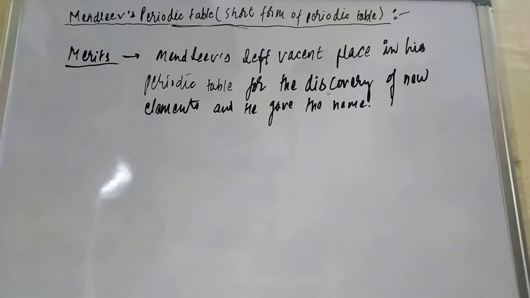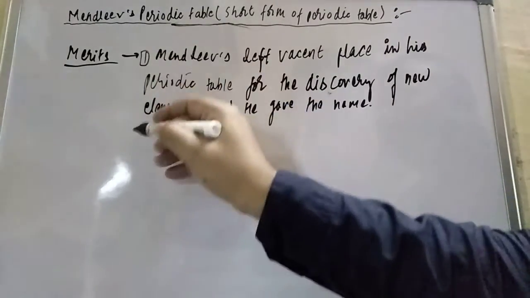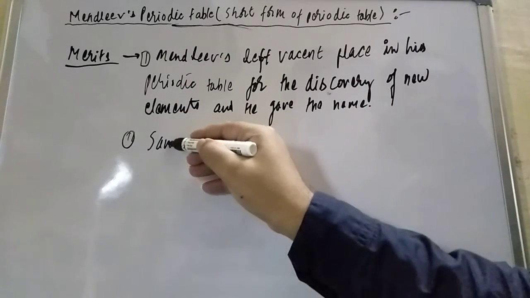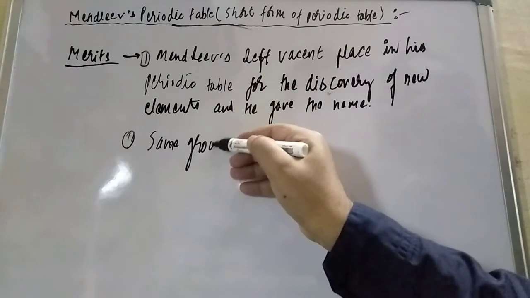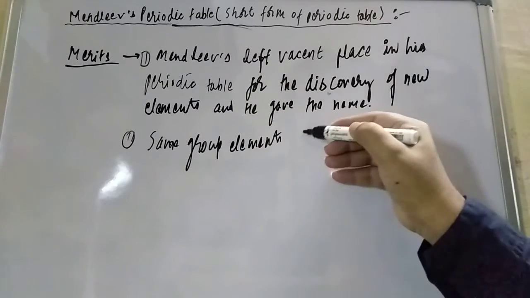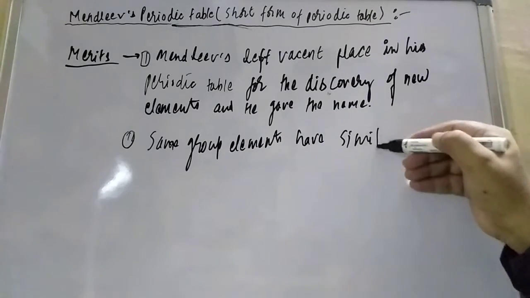Now what is the other merit of this periodic table, student? That is the study of the elements. The other merit is that same group elements have similar chemical and physical properties.